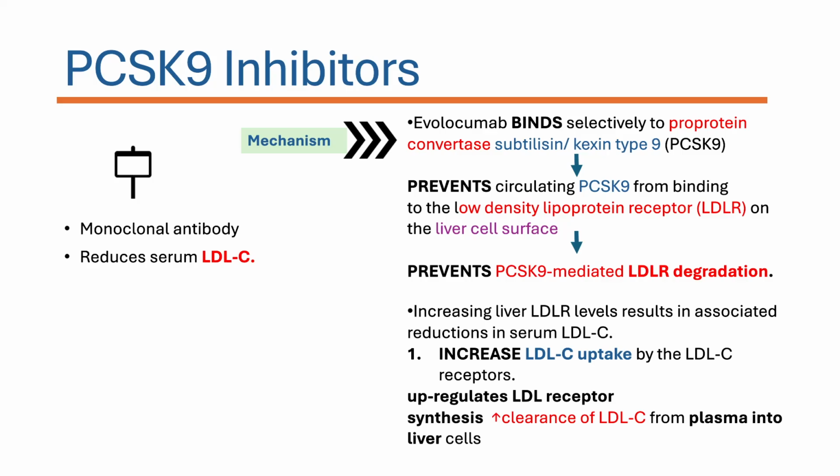And also it upregulates the LDL receptors once you inhibit the PCSK9 activity. Thereby, the ultimate goal is that these inhibitors will increase the clearance of LDL cholesterol from plasma into the liver cells.